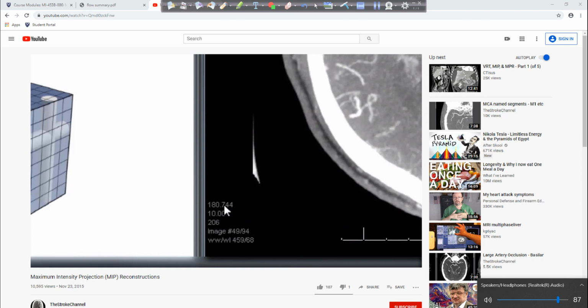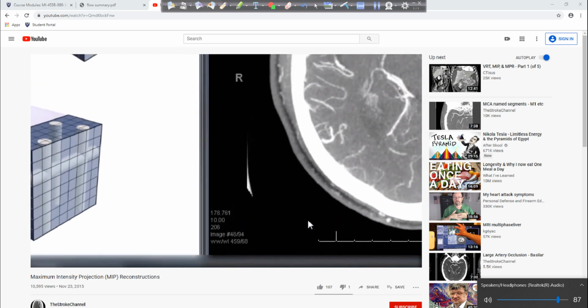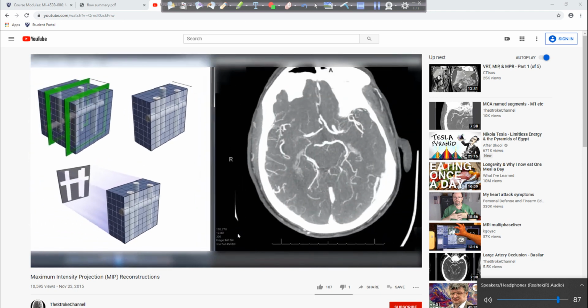And we go from 180.7 down to 178.7-ish. So it's moving by approximately 2 millimeters each time, despite the fact that the slice thickness is much greater than that, it's 10 millimeters. So that's how you can tell basic information about the reconstruction that you're looking at on a thick method.